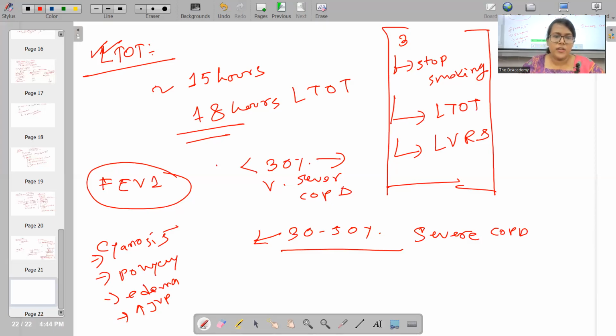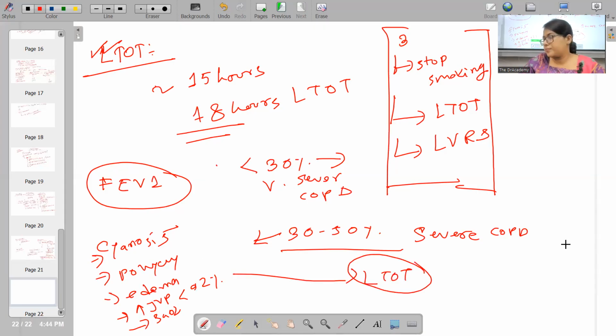And if the patient's oxygen saturation is less than 92% on room air, in that case, you can go for the LTOT treatment for this particular group.